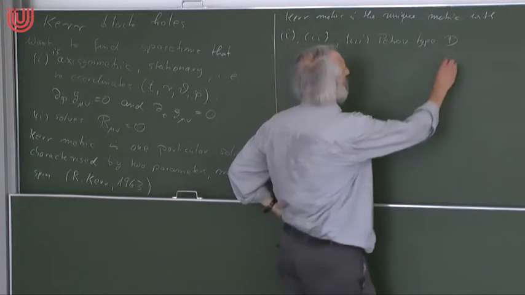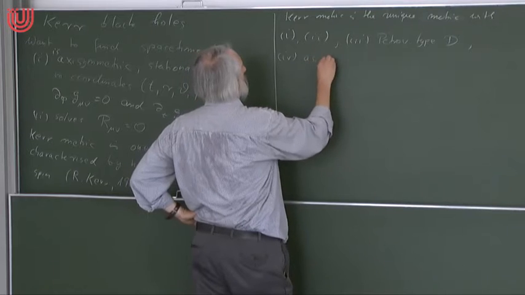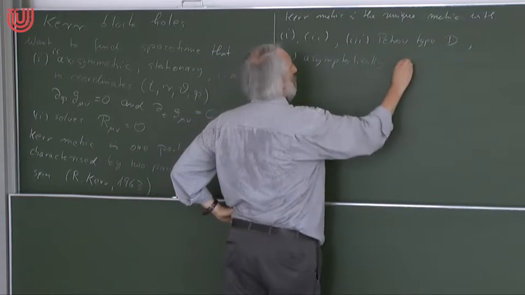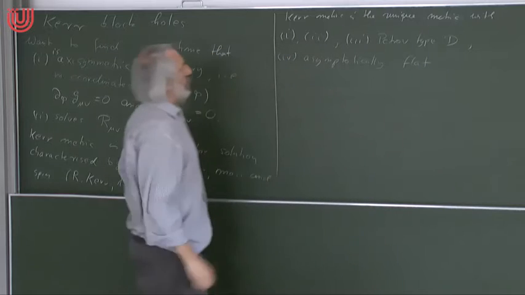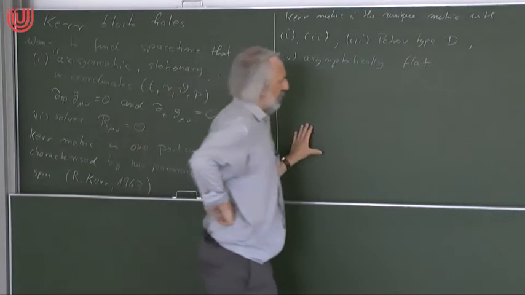And for this subclass, if one then adds also that it is asymptotically flat, so that far away from the center it approaches Minkowski space, then actually you get uniquely the Kerr metric. So in this way it can be uniquely characterized. So there is a way of derivation of the Kerr metric.